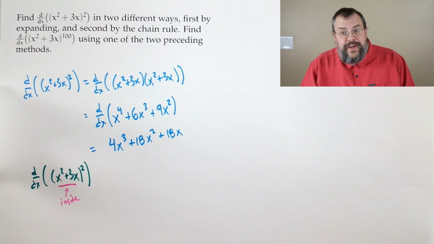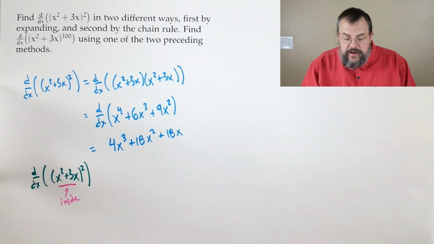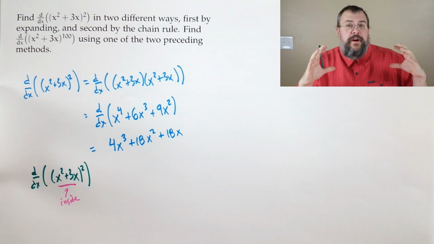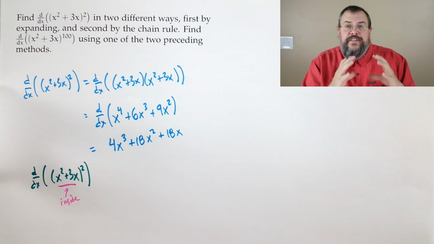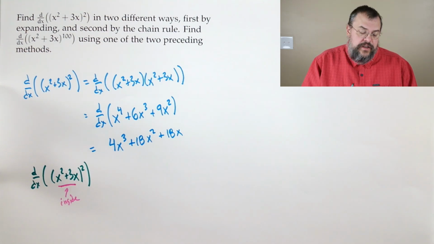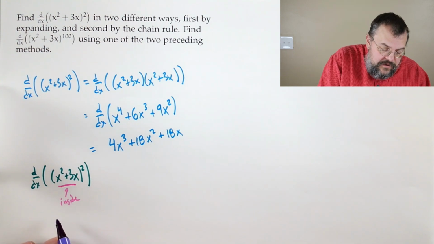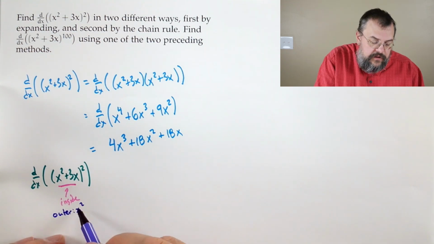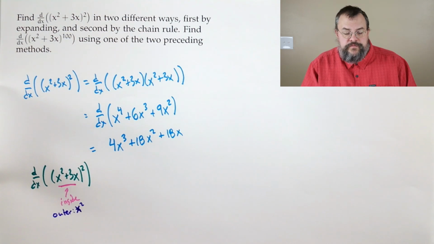What's the outside? Well, the outside, okay, if x squared plus 3x is my inside, imagine calling that my variable. So it's something squared. So really my outer layer is the square function. So I could say my outer function, I could call it x squared, but really I can use any symbol I want. And if the x confuses you, use a different symbol.